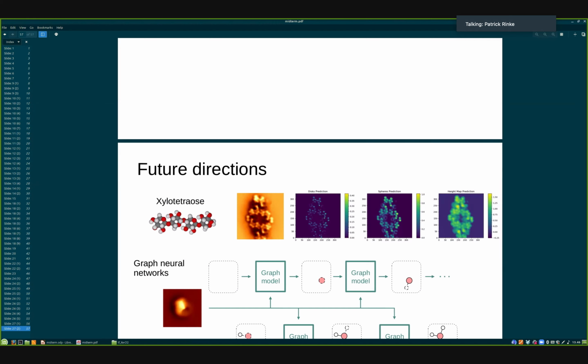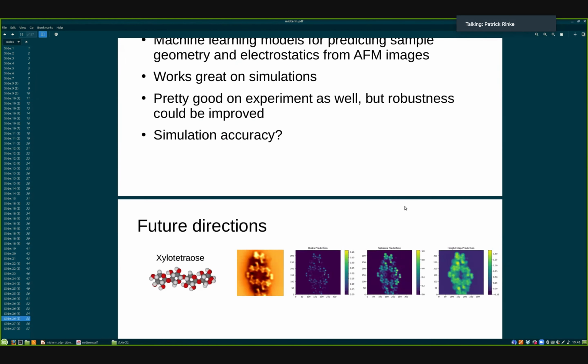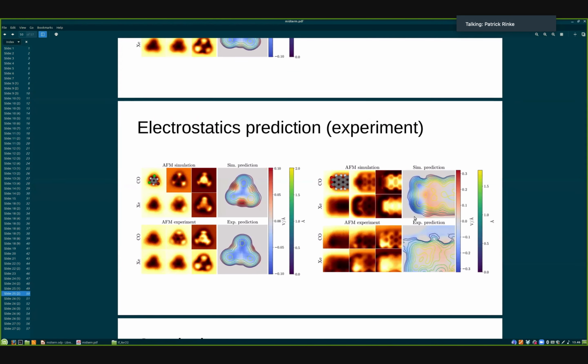Actually, I could start with a question which I had on the electrostatic part that you showed. The electrostatic surfaces that you predict are really impressive, and also the agreement with experiment. But I was wondering about the motivation behind it, what it actually is that you want to find out with machine learning.